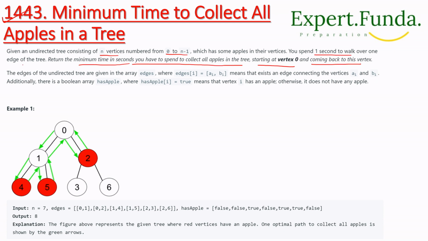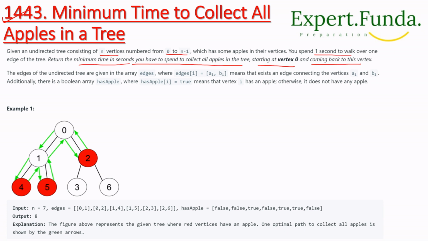Okay. So it is saying we are given n vertices, from 0 to n minus 1. What we have to do: we have some apples, and we have to spend 1 second to walk over one edge of this tree, and we have to return the minimum time in seconds to collect all apples in the tree, starting from 0 and coming back to this vertex.